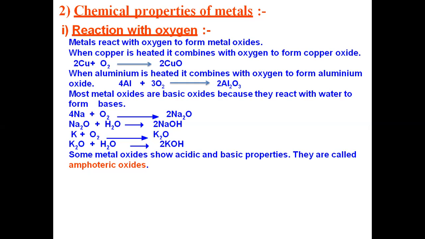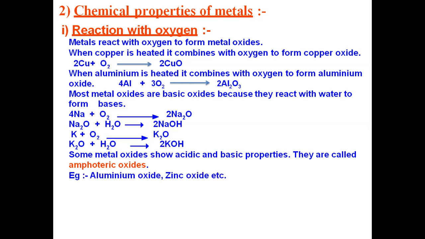Since it shows both acidic property and basic property, those substances are called amphoteric substances. The best example of an amphoteric substance is aluminium oxide, which is also called alumina. Alumina is an amphoteric oxide.